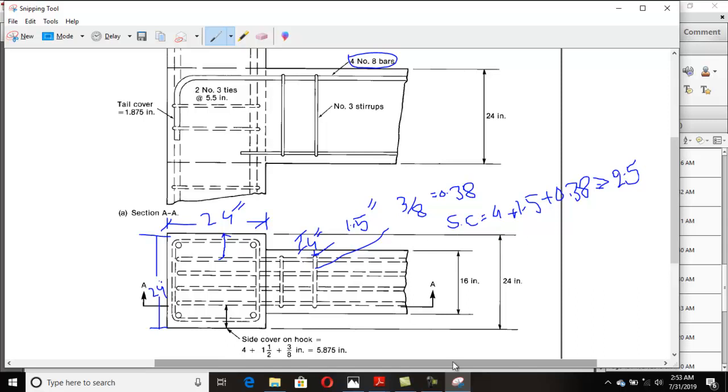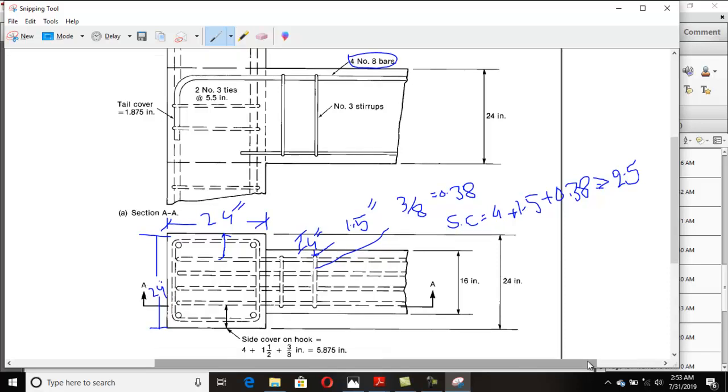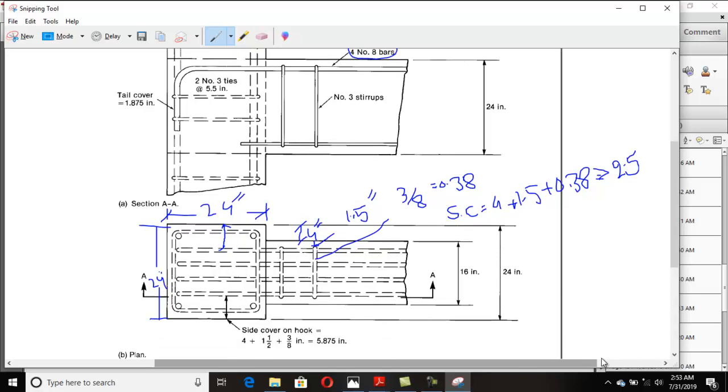Top cover is not a problem because the column is continued both sides, so there is no restriction. Top cover is almost greater than 2.5. But the question is that the tail cover is a problem for us. Why? Because the distance up to the face of this stirrup is 1.5 inch and 0.38, so this comes out to be 1.87. This is not given, you must calculate it.